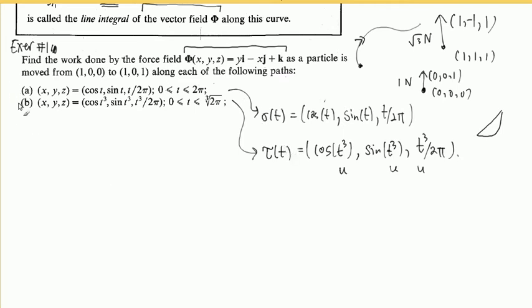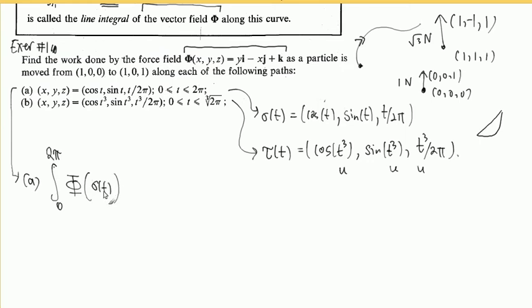Let's do part 1. Let's formulate it together. How does it go? The line integral of this one is from t equals 0 to 2 pi, right? Let's write that down. Phi of, what's inside there? Yeah, sigma of t, the position on this path.